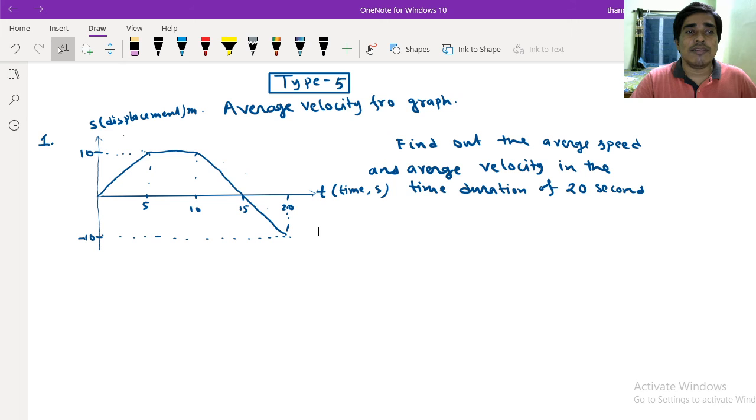Here is type 5. Type 5 is, you have to calculate the average velocity or average speed from the graph. Here is a graph. Here is 10, this is meter and there is second. So you have to calculate the total distance.